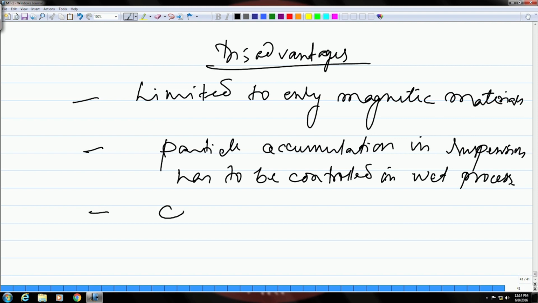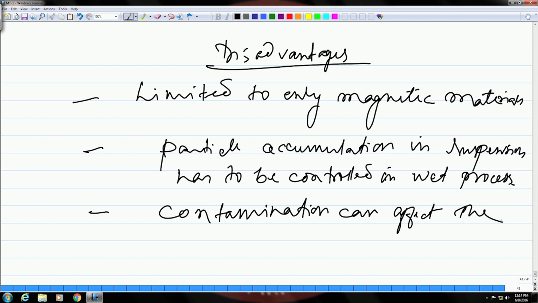And if you have contamination, then it can affect the result or the sensitivity.